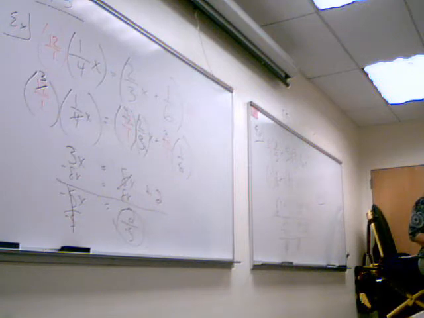Just use 36 for 18. 18 will work. So try it with 18 and then you can do it. And then again, you'll have to do both terms. So that would be 18.